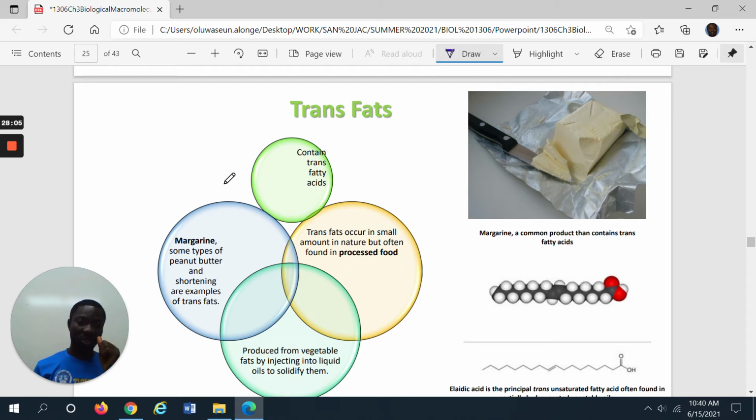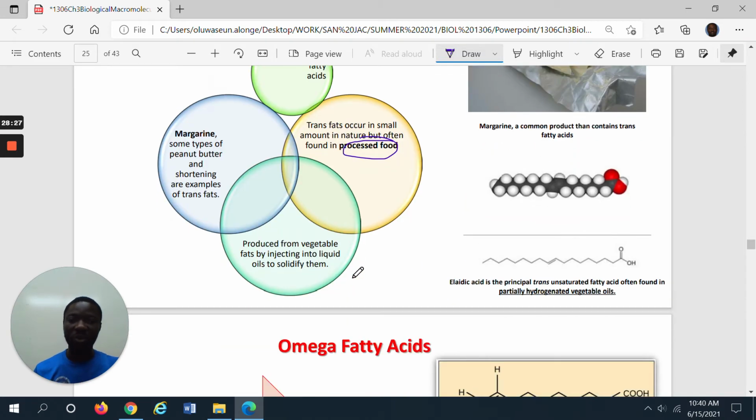So it's usually wise to avoid trans fat sources. It's always advisable. They are produced from vegetable fat by injecting hydrogen into liquid oils to solidify them. So they are not as healthy, and you can see here they are usually found more in processed food.